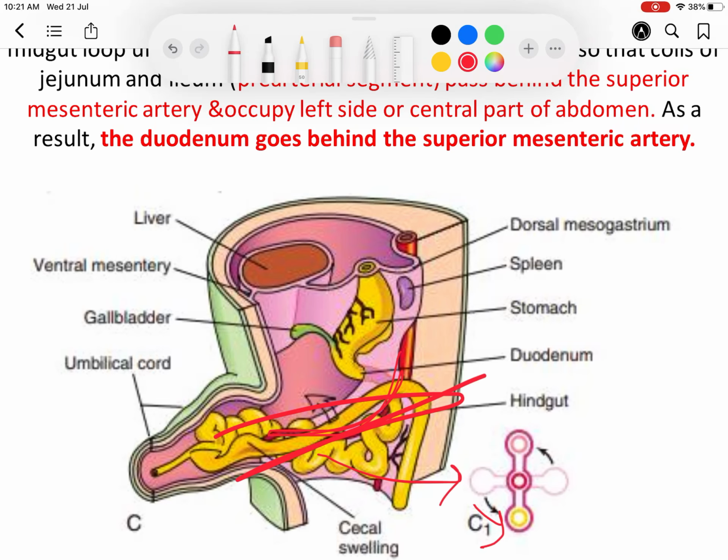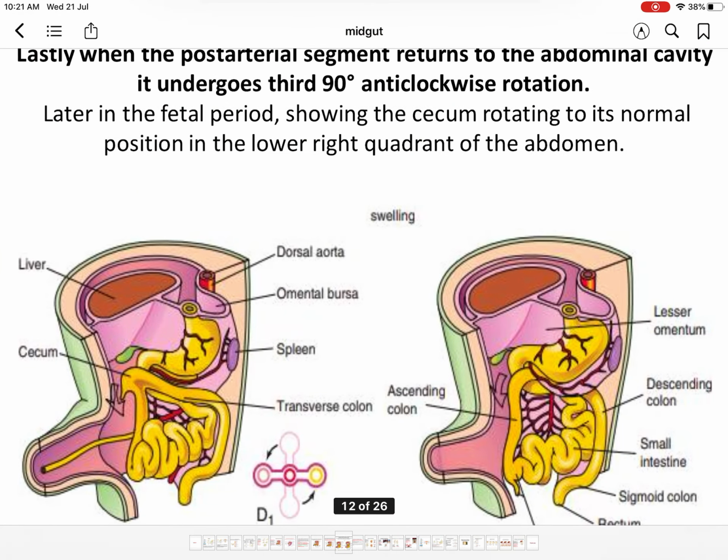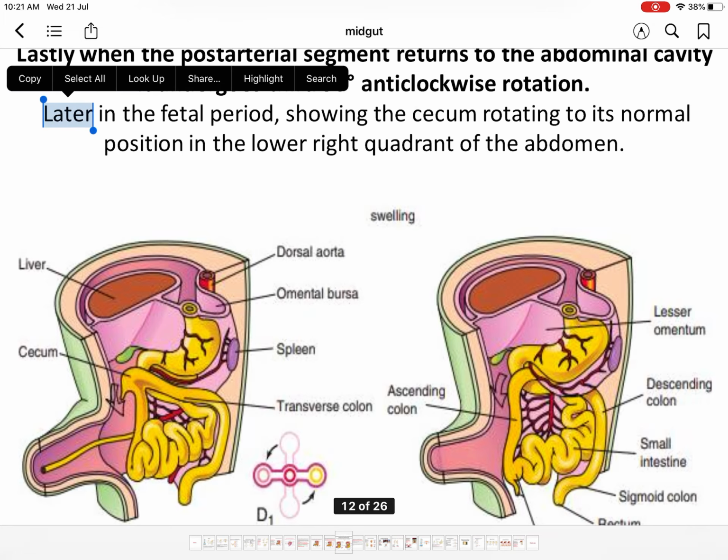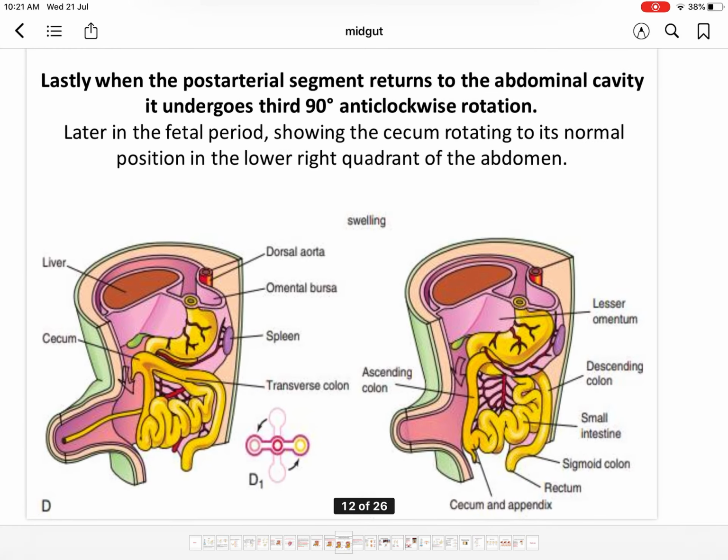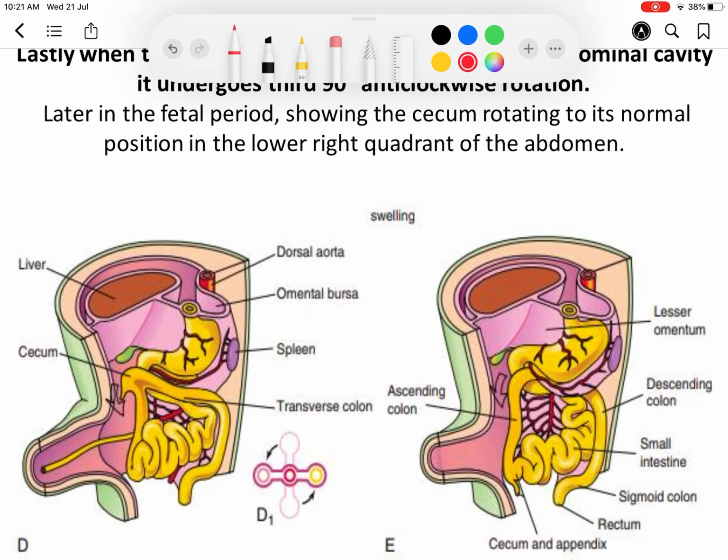This is the reason why the superior mesenteric artery comes in front of the duodenum, or we can say the duodenum goes behind the superior mesenteric artery. So two rotations of 90 degrees have occurred.